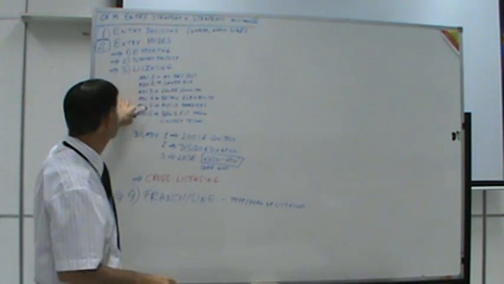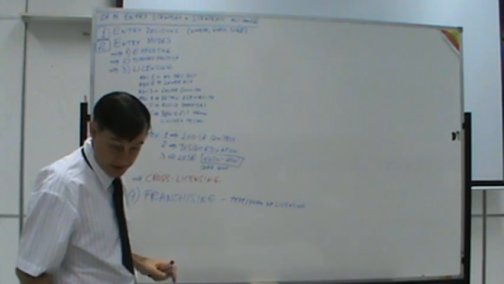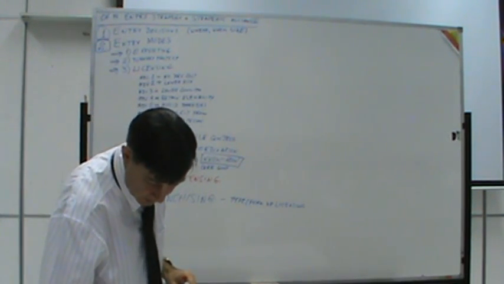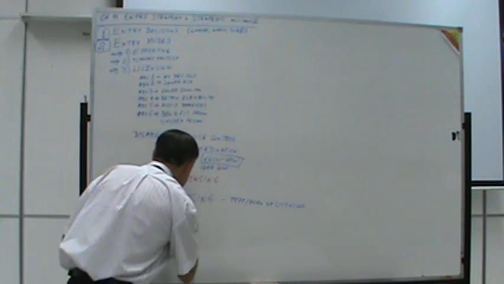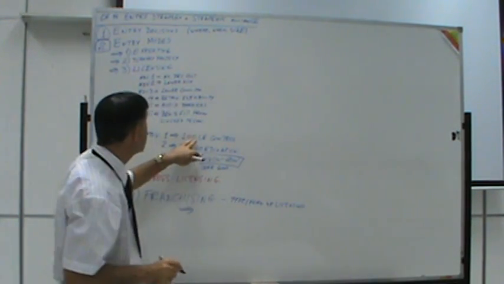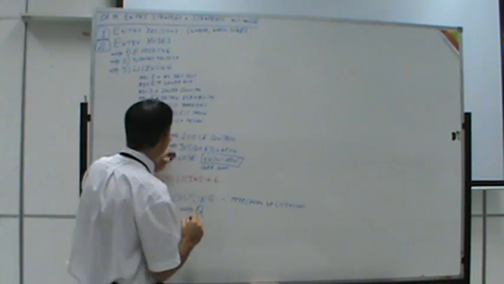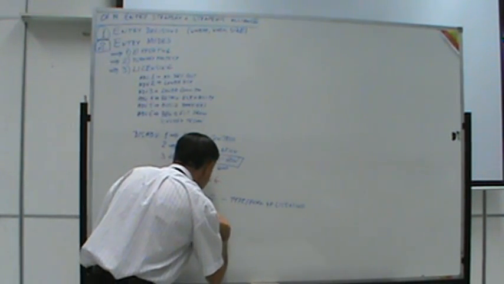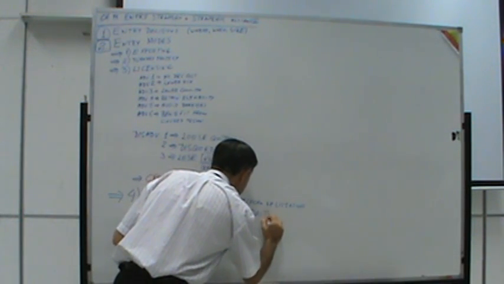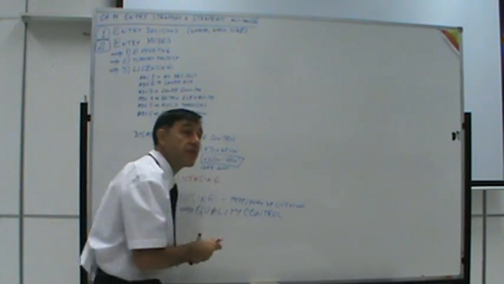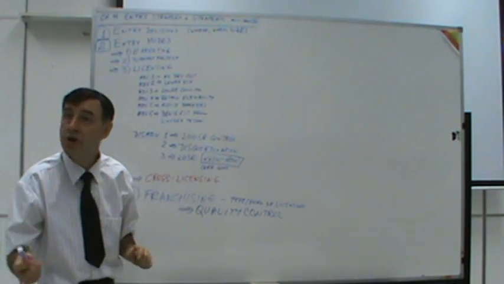So the advantages are similar to licensing. The key difference is that you have tighter control, and on top of all the other things, you add quality control. You control the quality of the coffee or the quality of the hamburger.